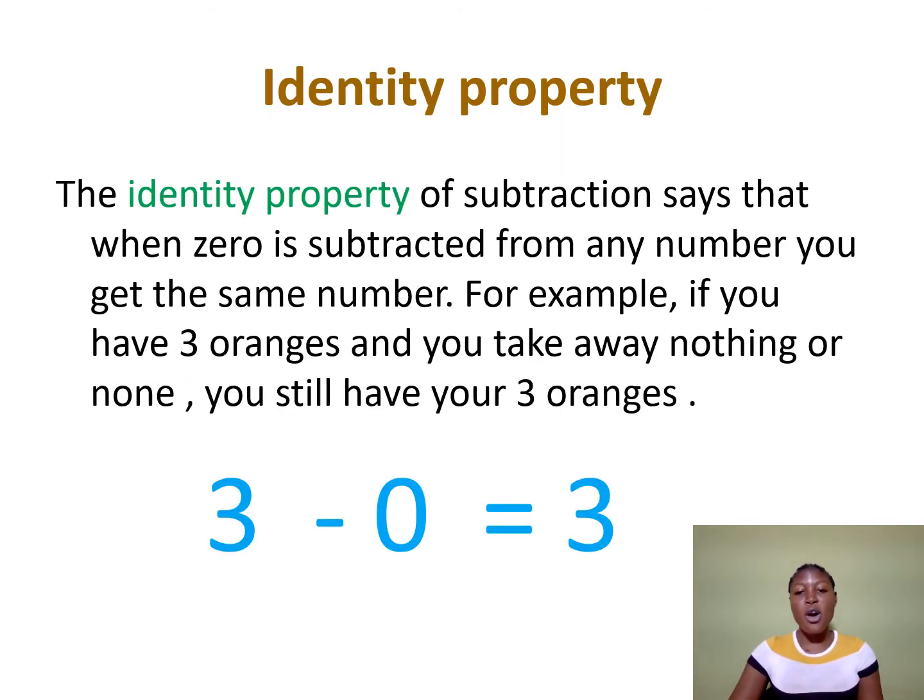If you have 3 oranges and you take away nothing, you still have your 3 oranges. So with the identity property, it deals with the number 0. Any number that 0 is being subtracted from, the number remains the same.